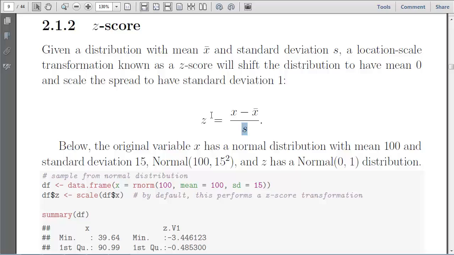Another term for this is standardization. So this is a way to standardize the random variable. And in particular, if you have a normal distribution, say this one for IQs are centered at 100 with a standard deviation of 15. That's their definition.